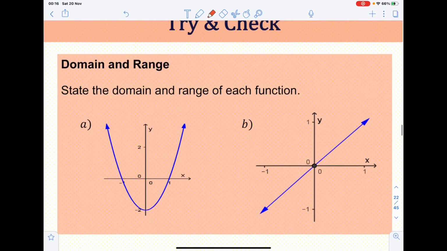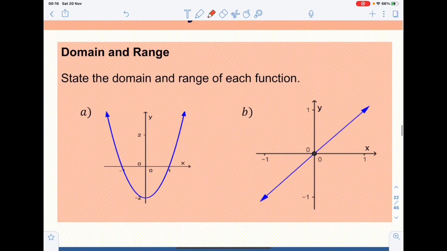Okay, let's try this example. What is the domain and what is the range? If we are just putting the pencil, we will see that the pencil is touching the graph from negative infinity, and we keep touching the graph to plus infinity. So this is the domain.